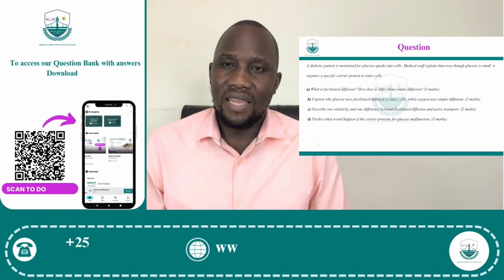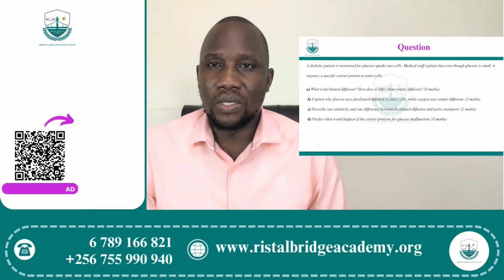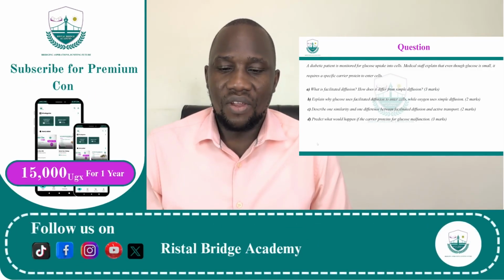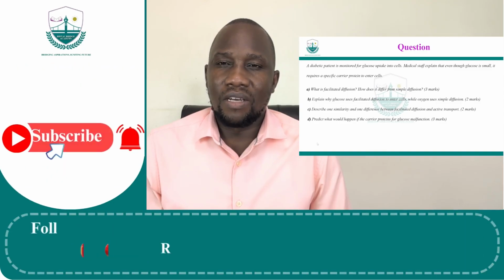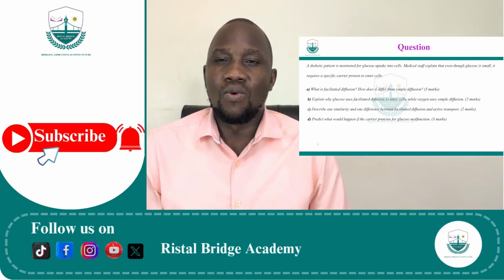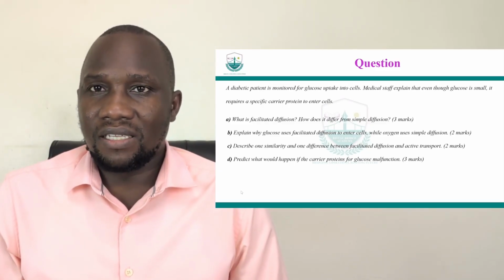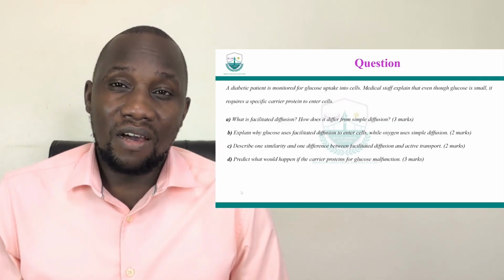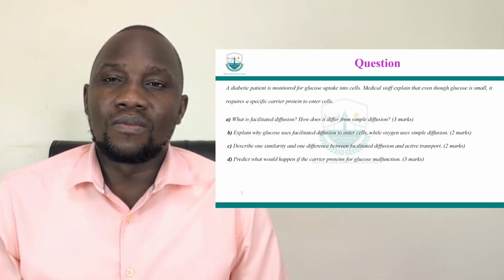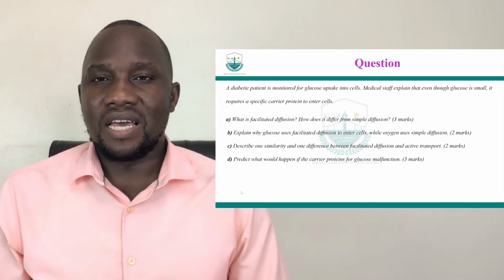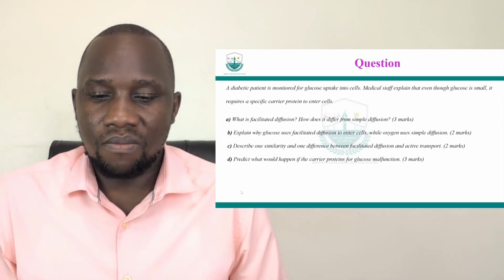That therefore means that glucose is transported into cells through facilitated diffusion because of this carrier protein. We already said that you cannot have carrier proteins in simple diffusion, and therefore facilitated diffusion is actually much faster than simple diffusion.